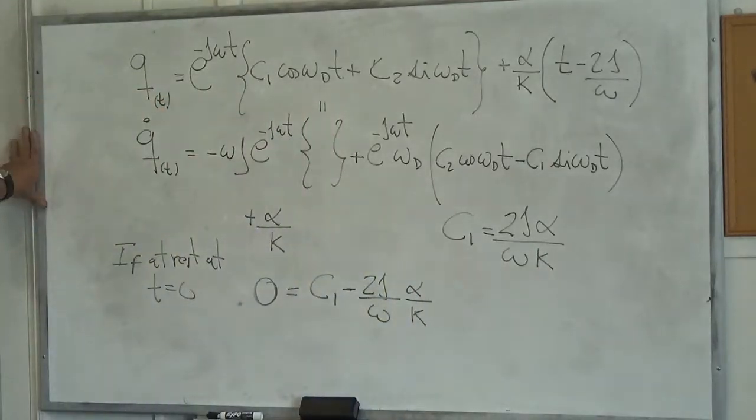Again, assuming I have no error. Even if I do, you can see what the procedure is. And so 2 psi alpha over omega k.